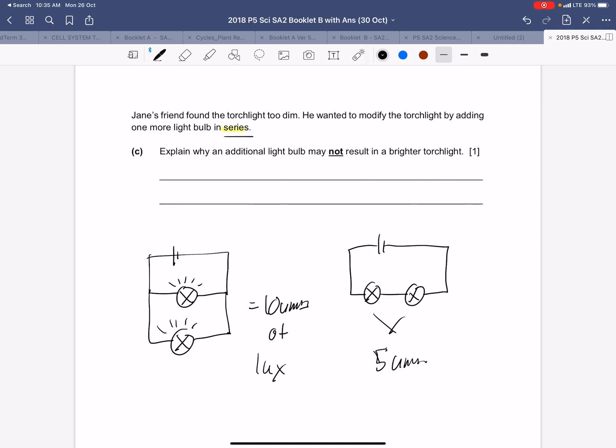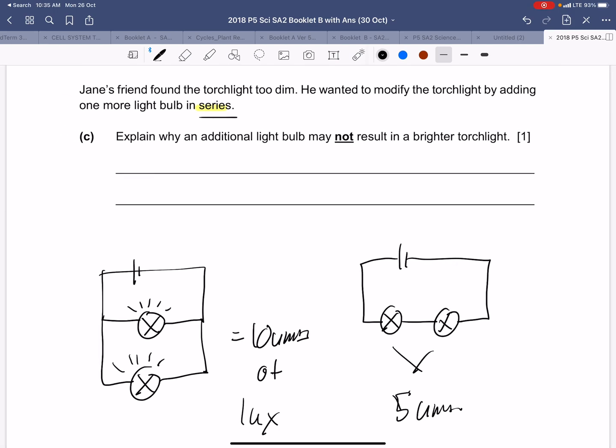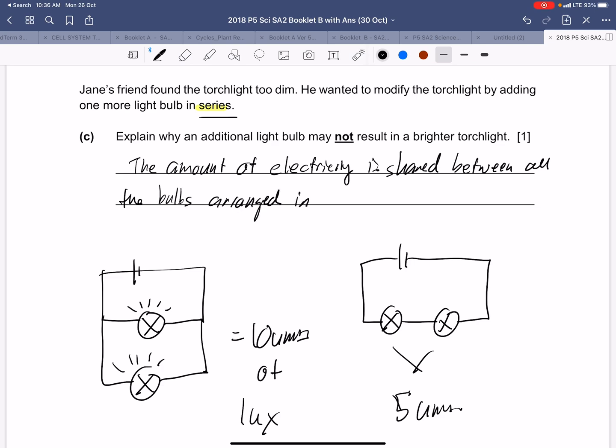So you can say that additional bulbs, okay, or rather the amount of electricity is shared between all the bulbs arranged in series.